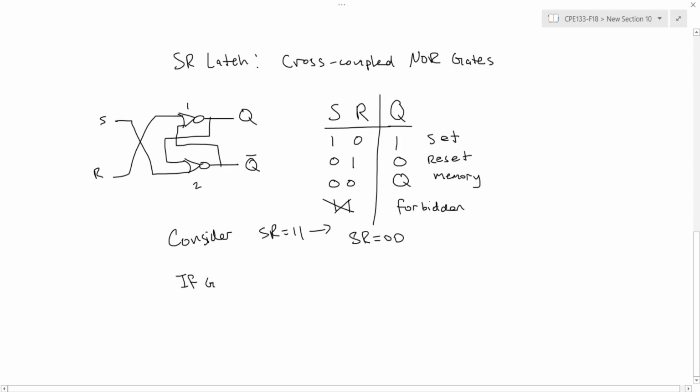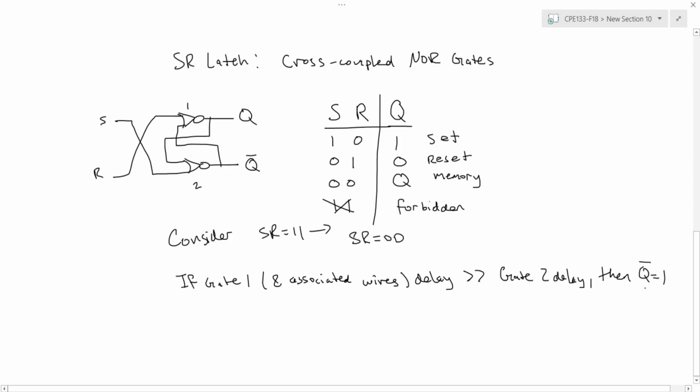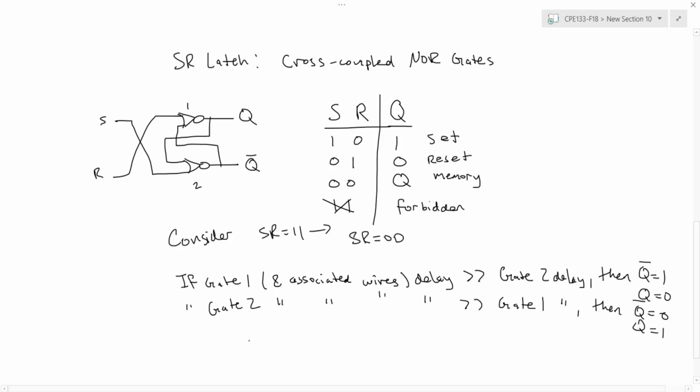So for example, if gate 1 and its associated wires, their delay was larger than the gate 2 delays, then eventually my circuit will end up in the state where Q is equal to 0. But if gate 2 had a larger delay than gate 1, then eventually my circuit will end up in the state where Q is equal to 1. And so this is the reason why for the SR latch, an input of S and R of both 1 is forbidden and not used.